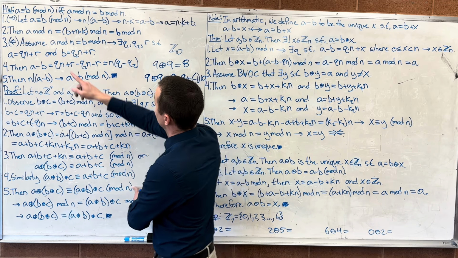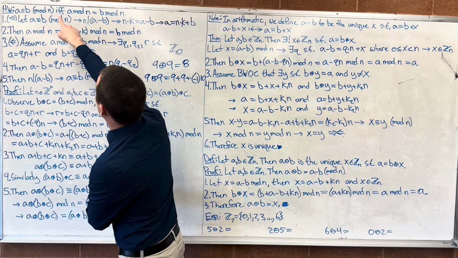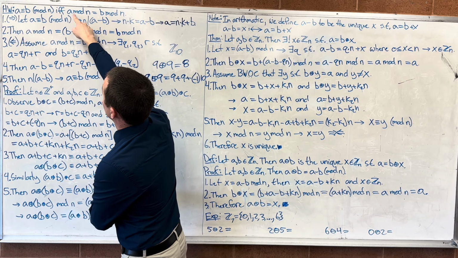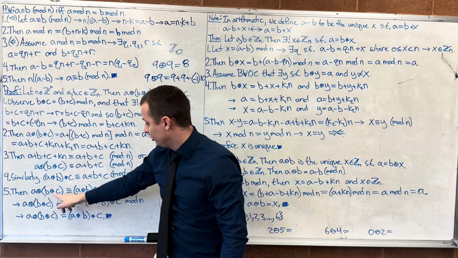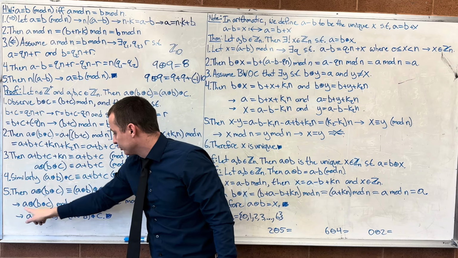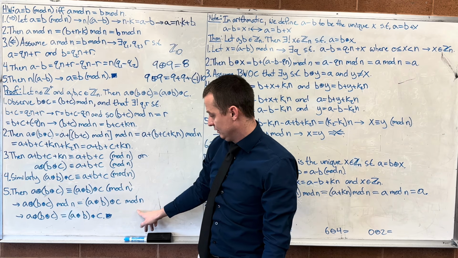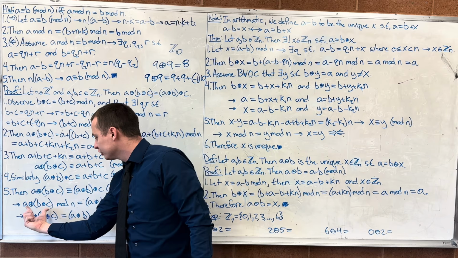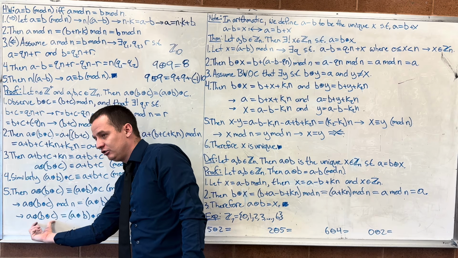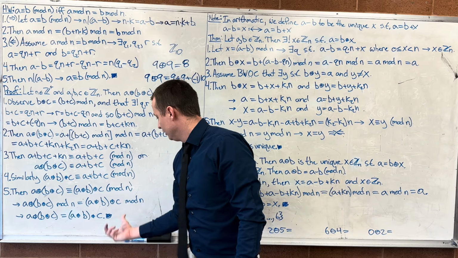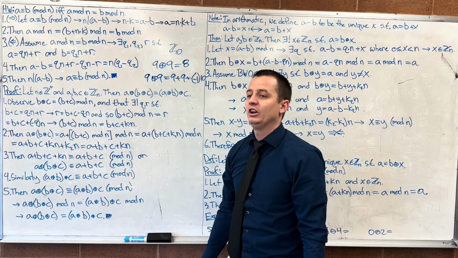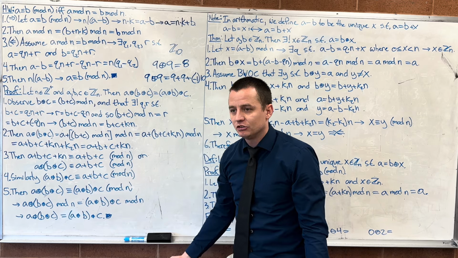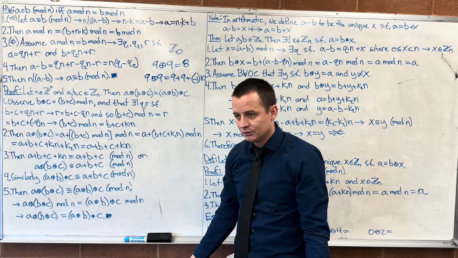What does this one say? Isn't it saying the same thing? If they're congruent to each other, mod n, then the first one, mod n, is equal to the second one, mod n. Oh, yeah. Modular arithmetic, mod n again, doesn't change it. Once you have the remainder, dividing it by n again doesn't change the remainder.